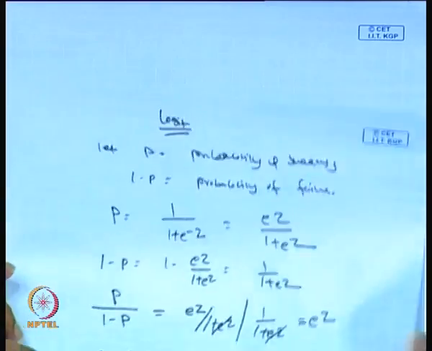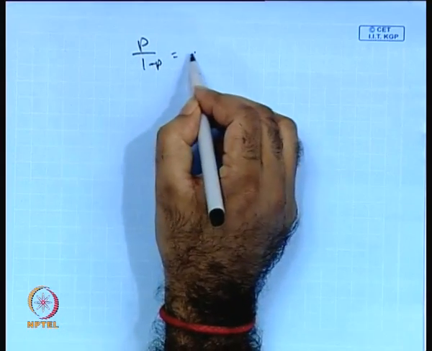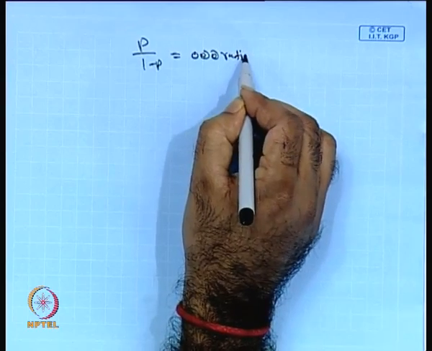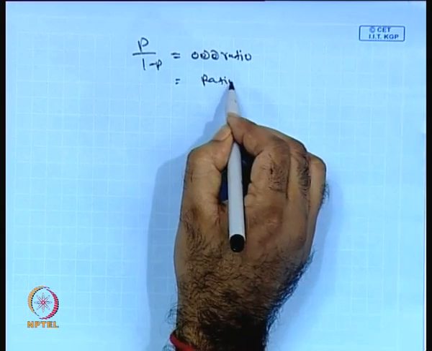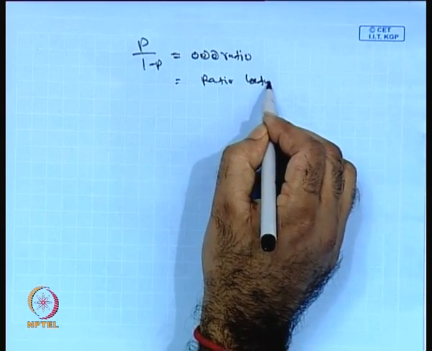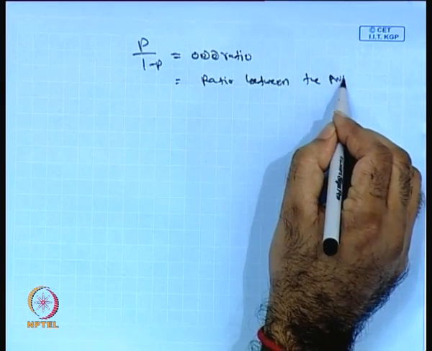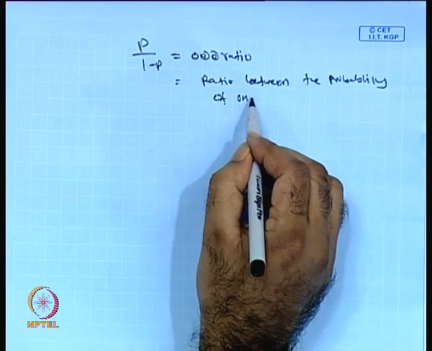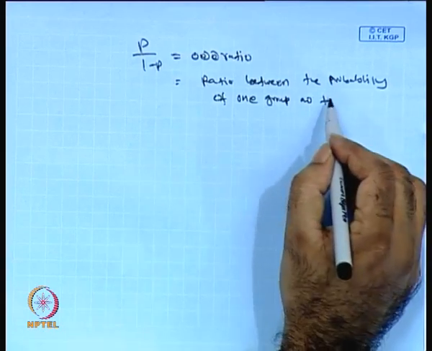Now this P by 1 minus P is called the odds ratio. That means it is the ratio between the probability of one group and the probability of the other group.